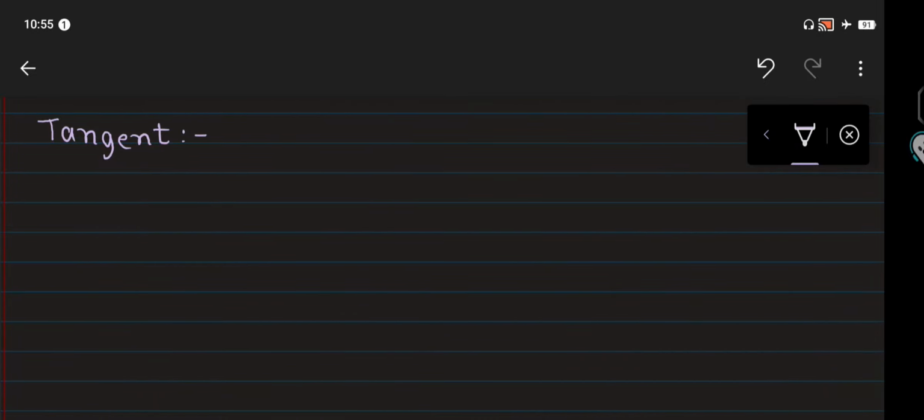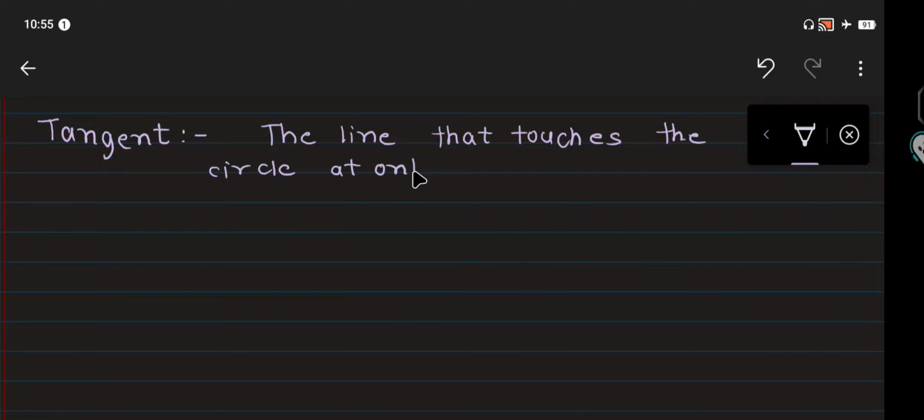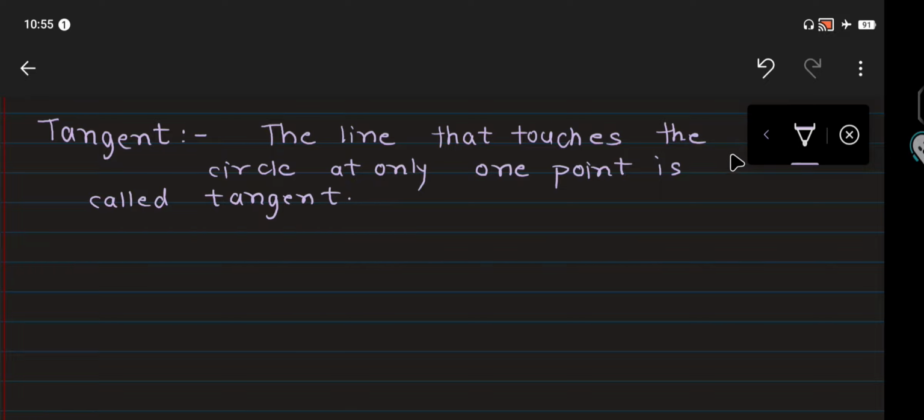It is a line that touches the circle at only one point. Let's understand this with an example.